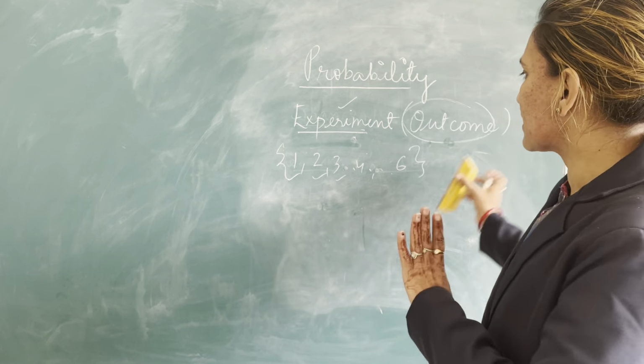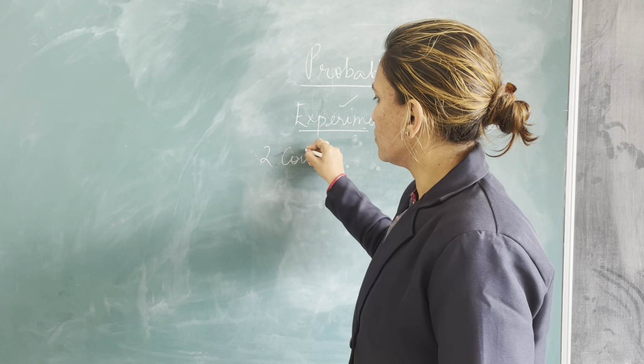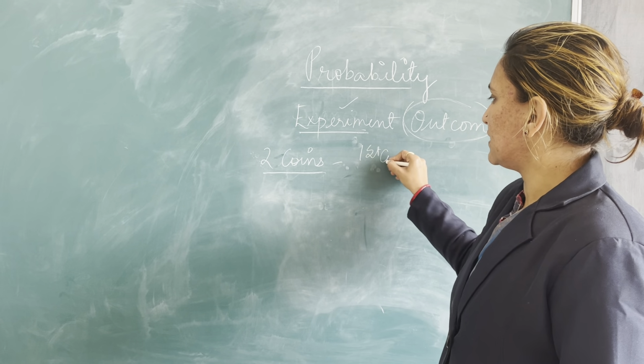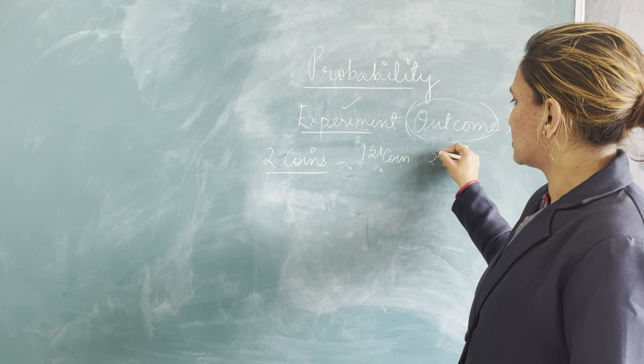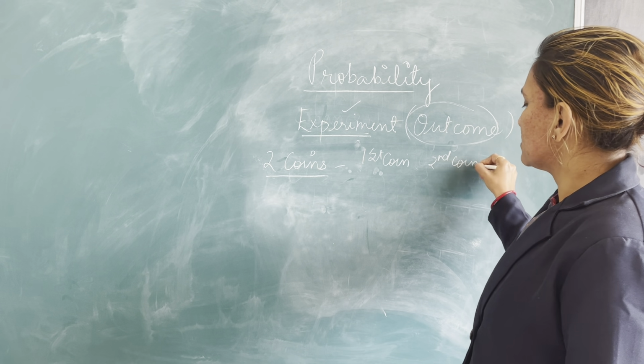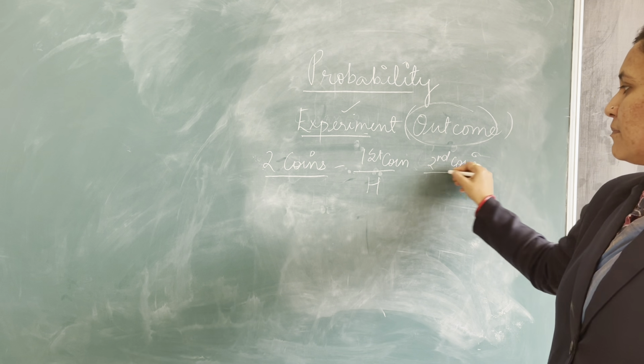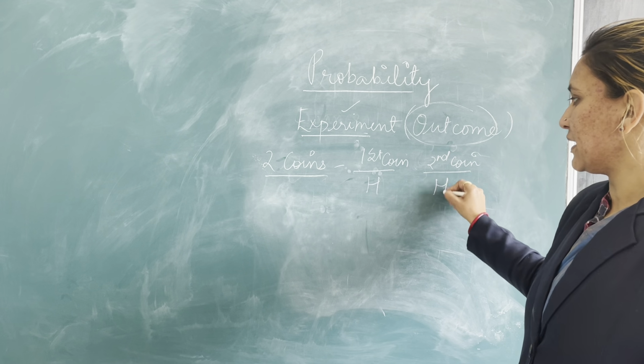Now this was regarding one coin. Suppose I am tossing two coins. On the first coin there can be a head, and on the second coin there can also be a head.